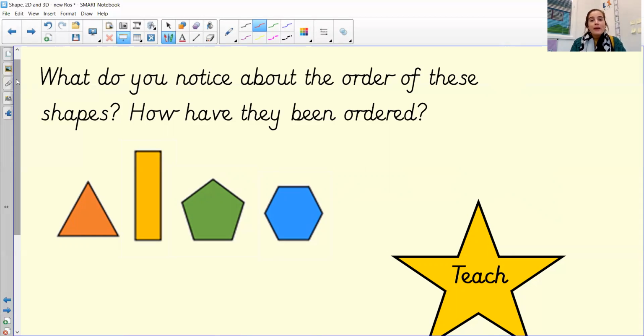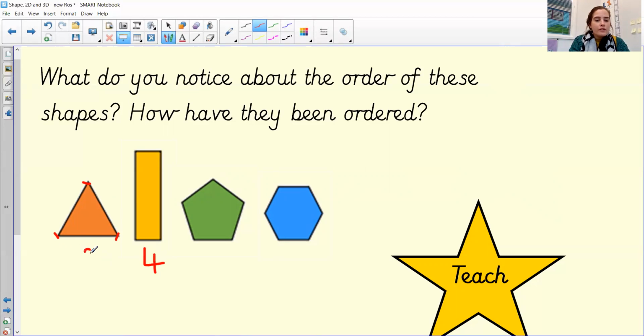Brilliant. You may have noticed that they have been ordered by their vertices. Now, vertices are these bits that I was referring to earlier as corners. A triangle has 3 vertices. This rectangle has 4 and it goes on.